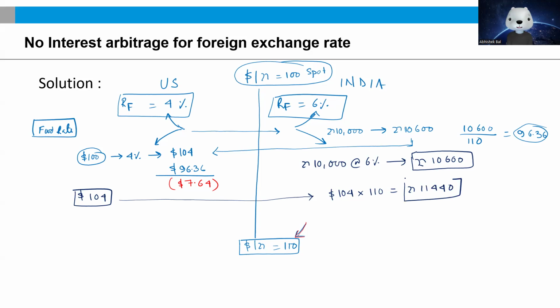Okay, which means that with this trade now, I have made a clean sweep of 840 Indian rupees.